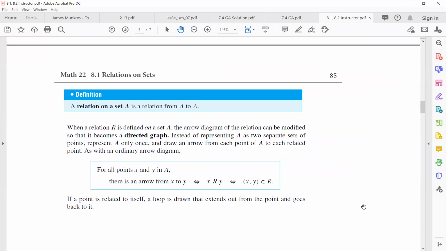A relation on a set A is a relation from A to A. Remember that to visualize a relation, we can use a directed graph.